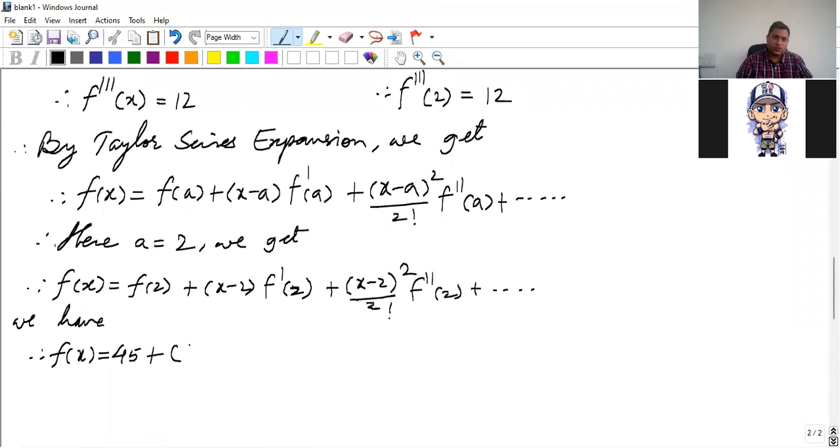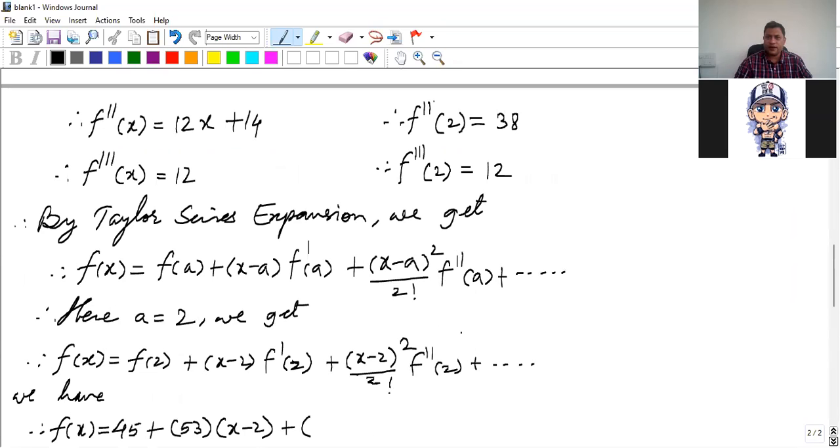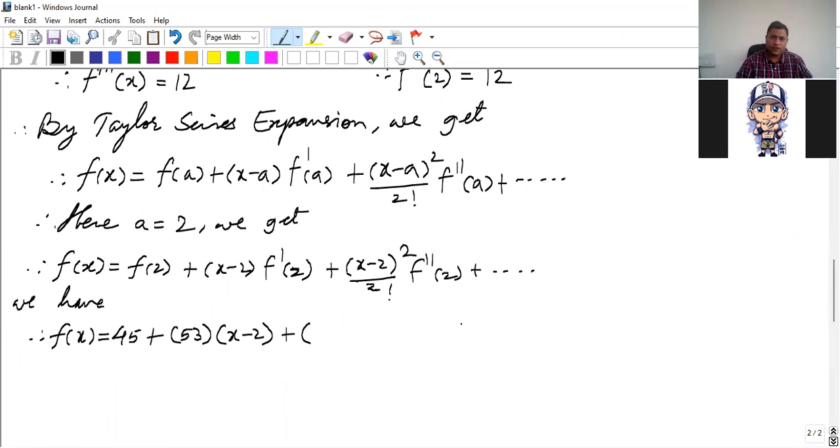So it's going to be 53 times x minus 2 plus, what is the next value we have calculated? 38. So this will be 38 times x minus 2 bracket square by 2 factorial, that is 2, plus, what is the next value? 12. x minus 2 bracket cube by 3 factorial.